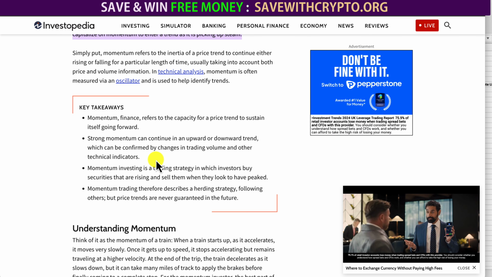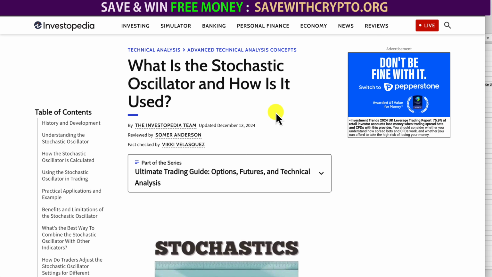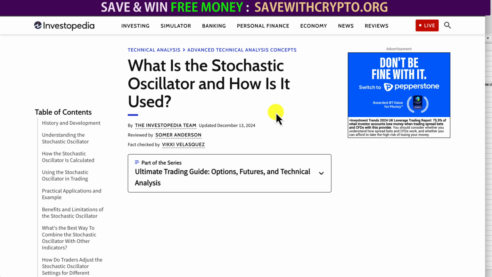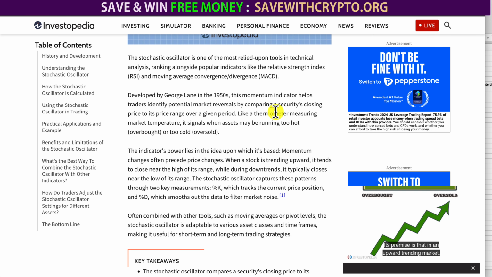Okay, so what I want to show you is one indicator that you can use to identify momentum. Now, there are many indicators you can use for this, but today I want to show you the stochastic oscillator. And there's a really good definition of a stochastic oscillator here on investopedia.com. It says the stochastic oscillator is one of the most relied upon tools in technical analysis, ranking alongside popular indicators like relative strength index RSI and moving average convergence divergence MACD.